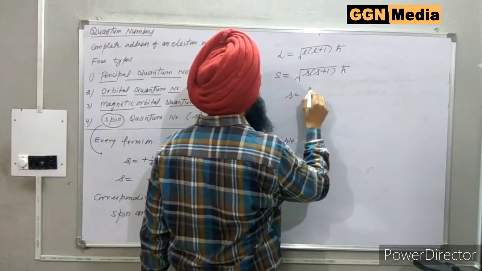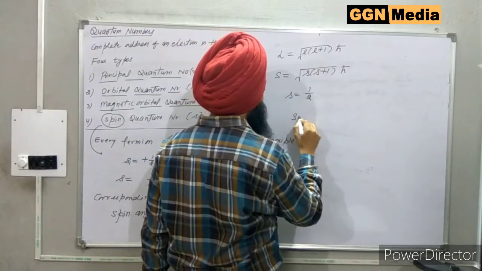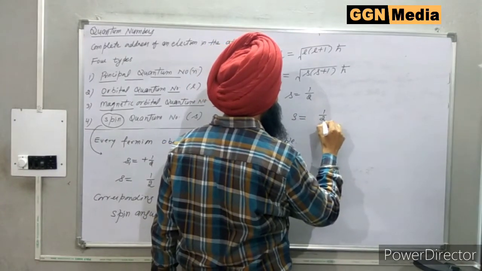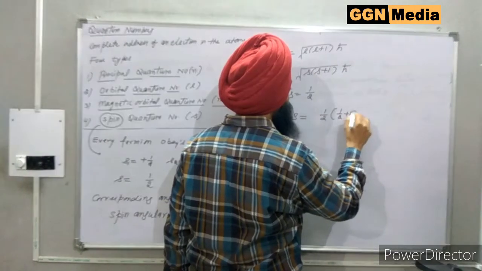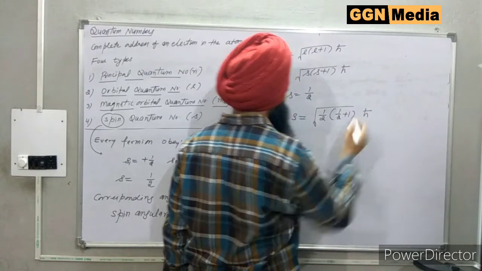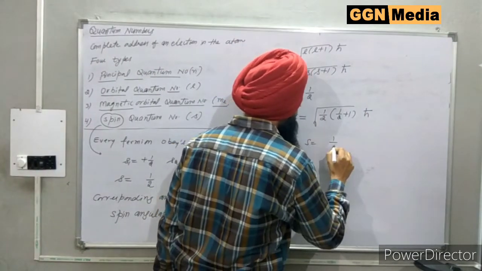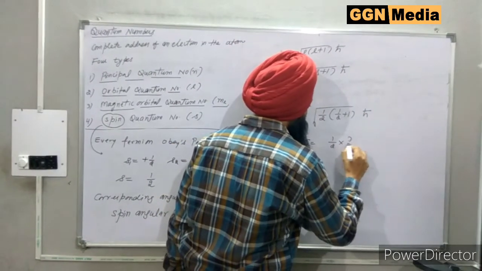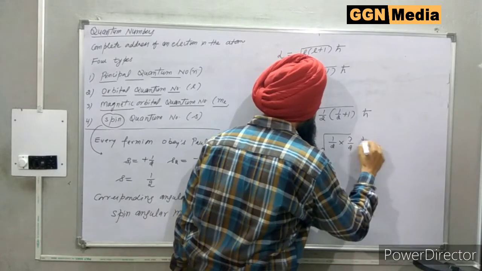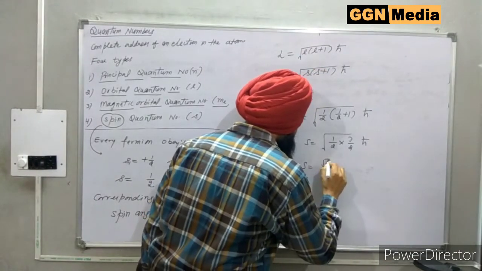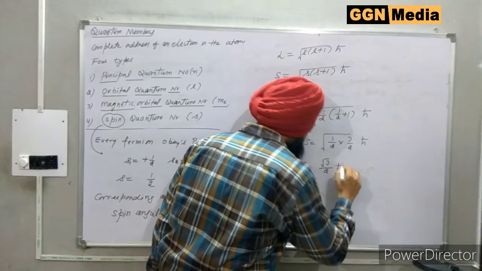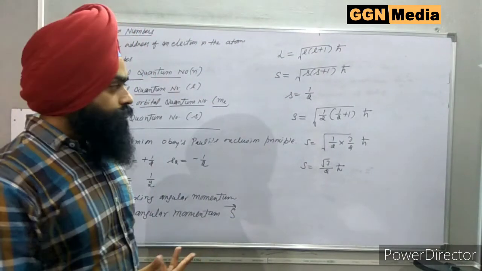Since the value of S is half, we have S is equal to under root half plus 1, into h cut, which is under root 3 by 2 h cut.